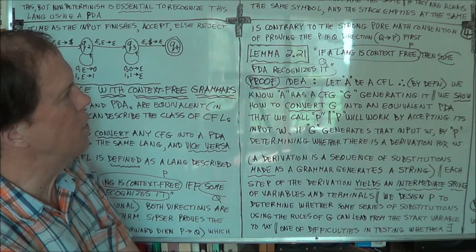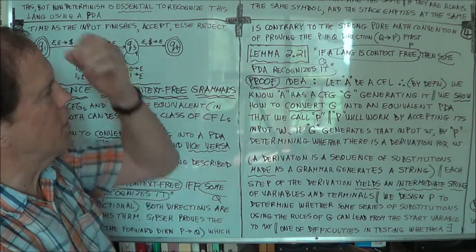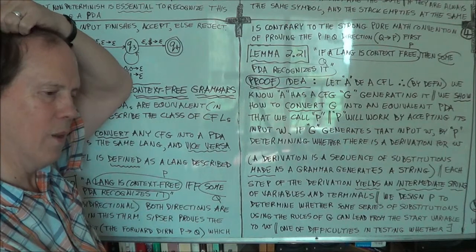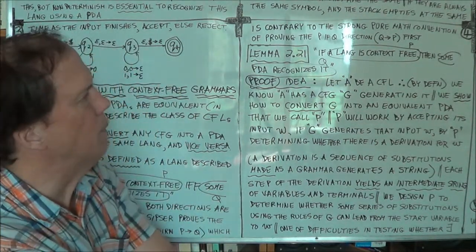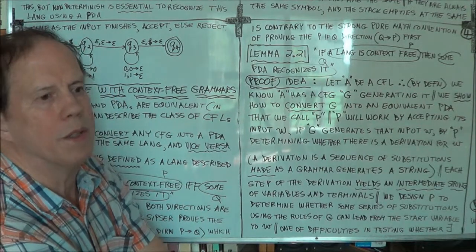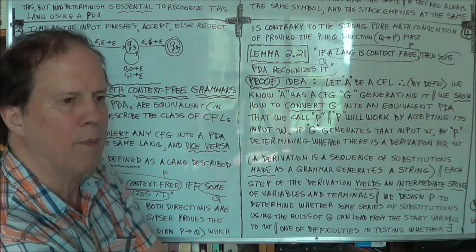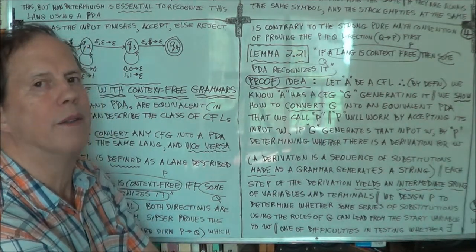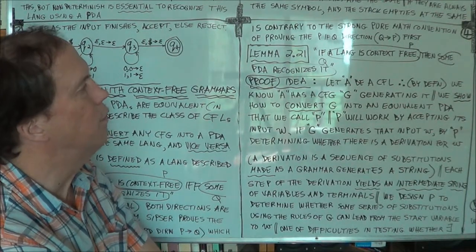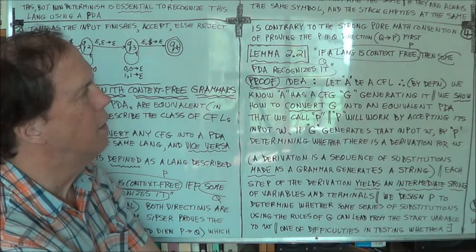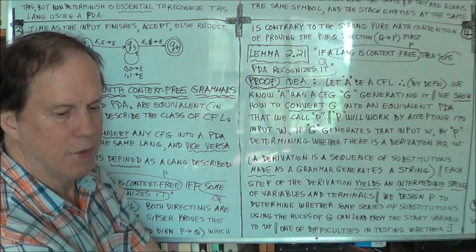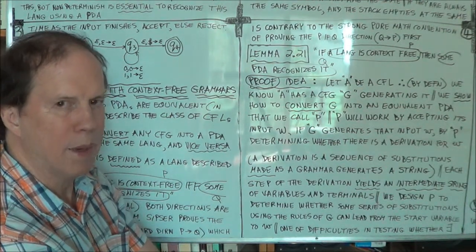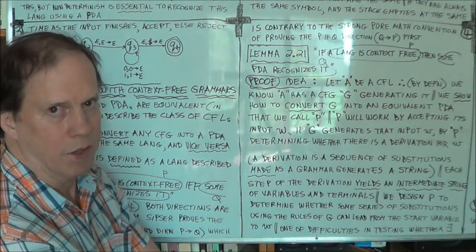See, a context-free language, a CFL, what is that? By definition, it's a language that is generated by a context-free grammar. So if a language is context-free, that means there's some CFG, some context-free grammar, that generates it.